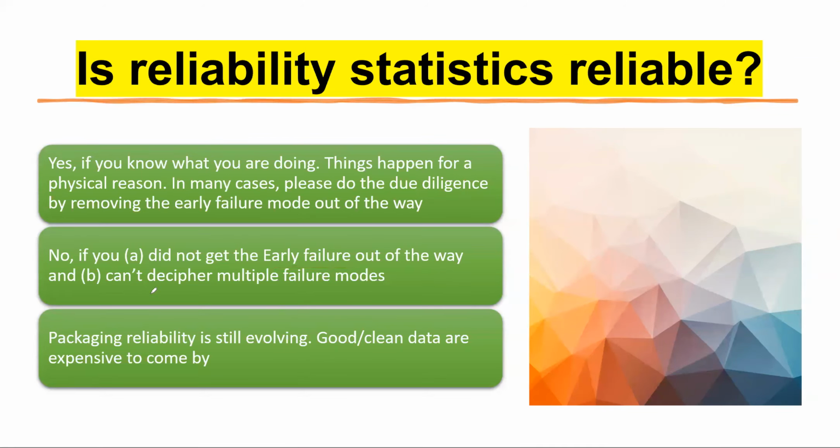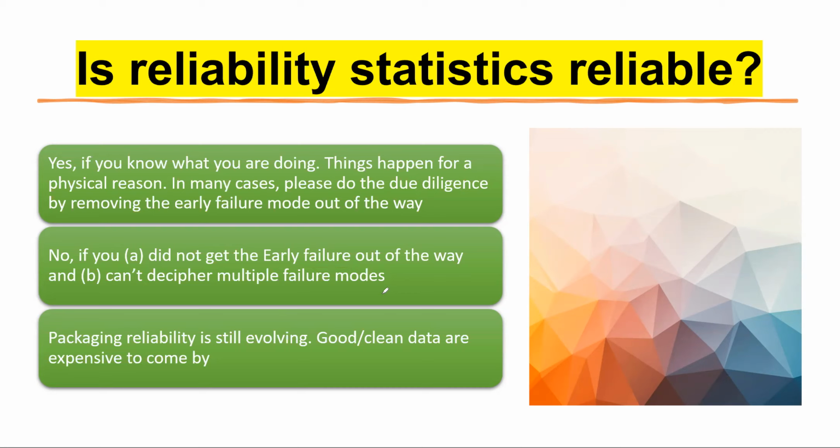And you need to watch out for multiple failure modes. This is probably the hard one. With multiple failure modes, your data is very scattered. You have many parts, right? Some have the logic die part, DRAM part. If you can identify that their failures could be because of different reasons.